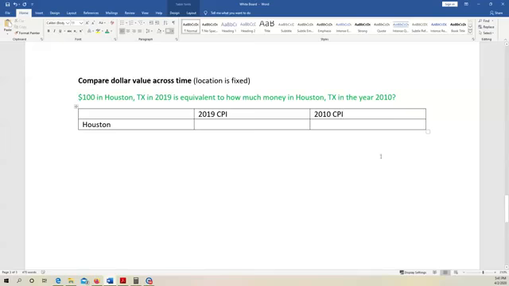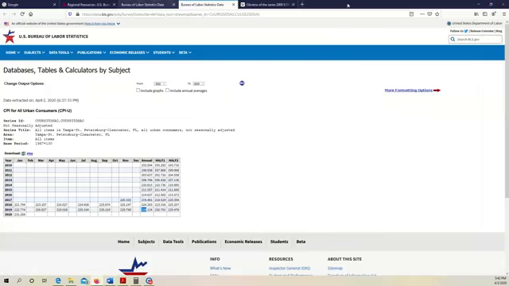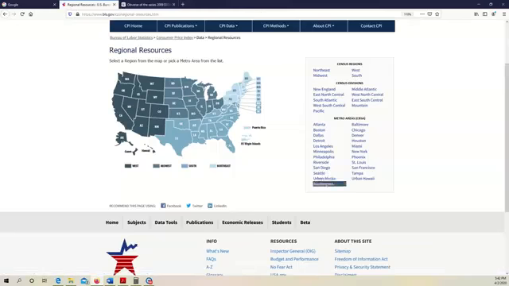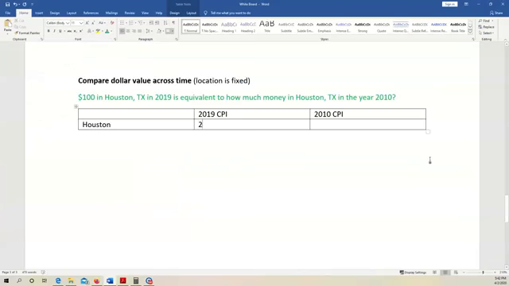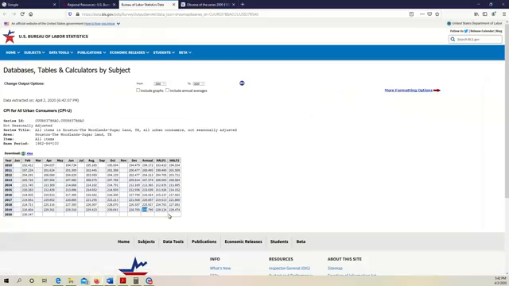What's the 2019 CPI for Houston? Let me open Houston here. Let's look at this annual column, right? In the year 2019, that's 228. So what's the Houston CPI in the year 2010? Year 2010 annual. This number, 194.